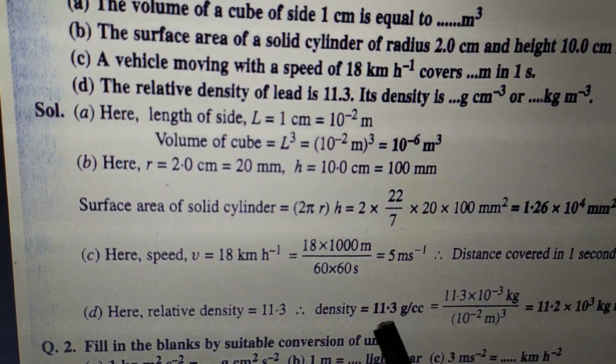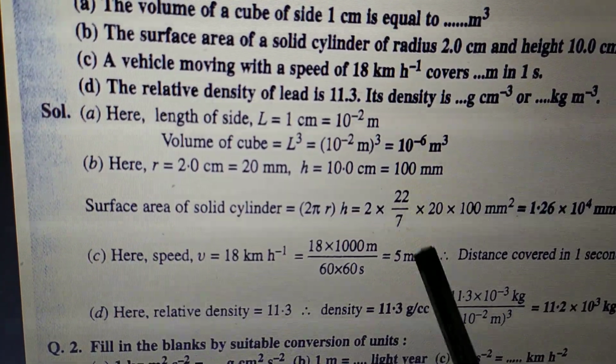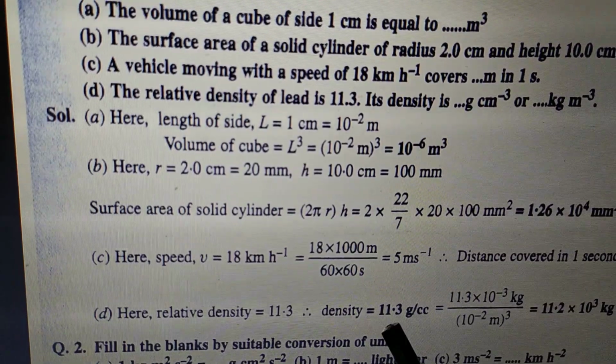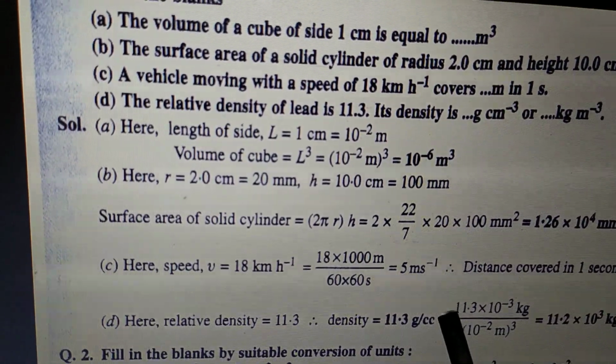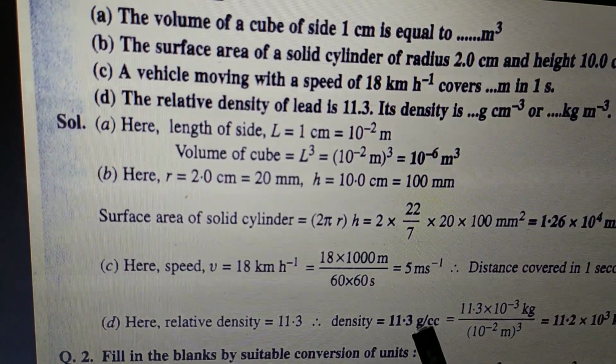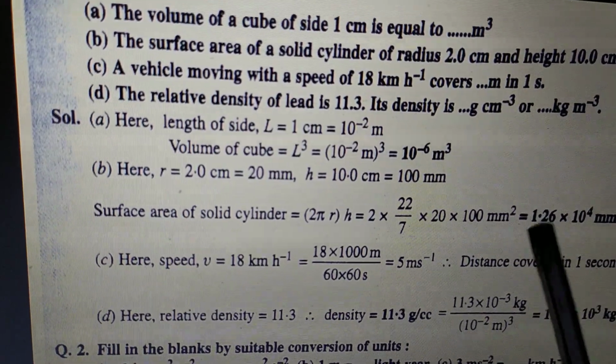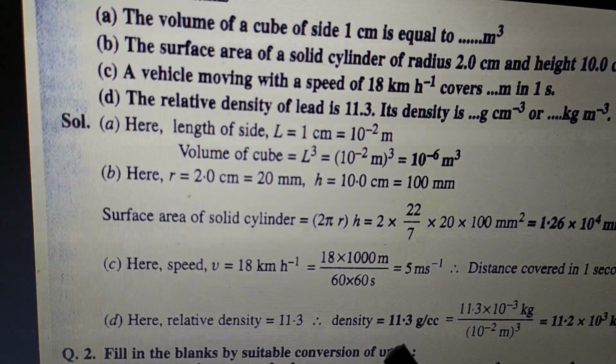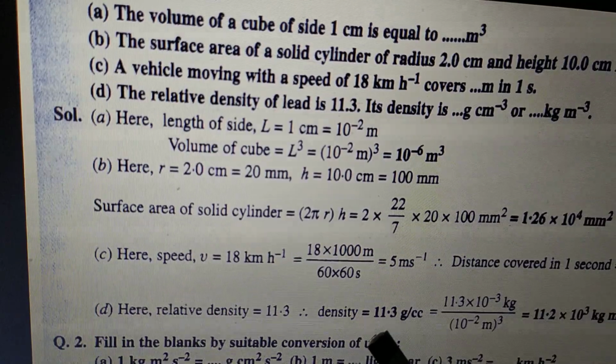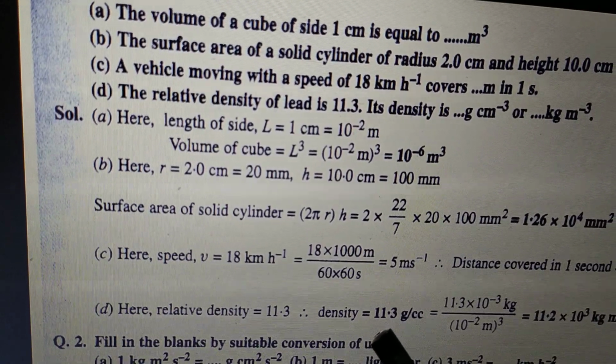Density is equal to mass per unit volume, and we have to find it in gram per centimeter cube, or we can say in kg per meter cube.